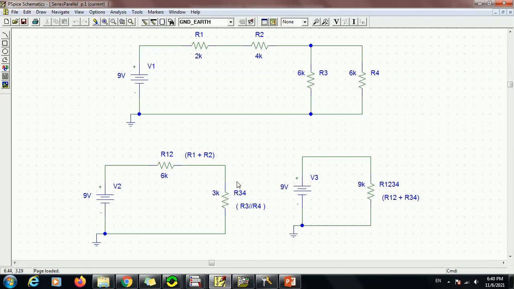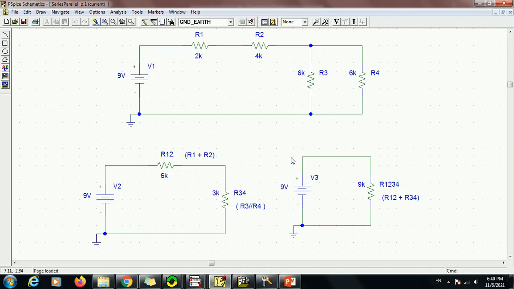Here I'm using two 6 kilo ohm resistors, while here I'm just using one 3 kilo ohm resistor. So it's more convenient to use this 3 kilo ohm instead of two 6 kilo ohms.